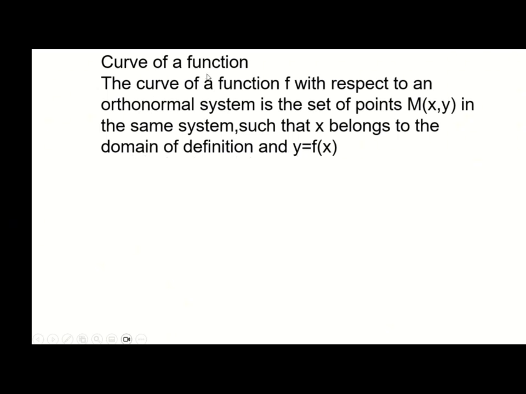Then when we have a function, its curve is formed by the set of points M of coordinates x, y, where x is in the domain of definition of the function, and y should equal f of x. Let us see.